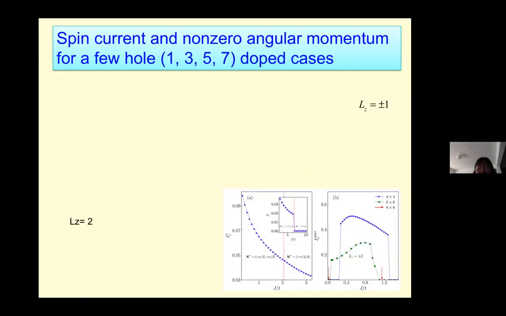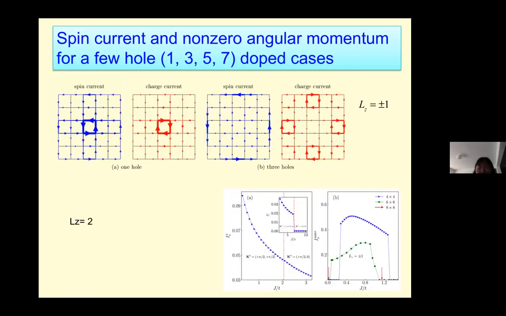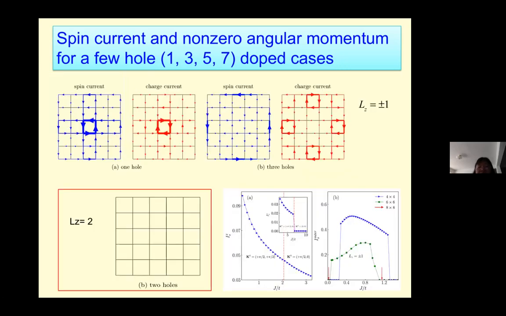This picture has been checked to be robust for larger systems. To check that, we did up to 8x8 open systems with C4 symmetry.